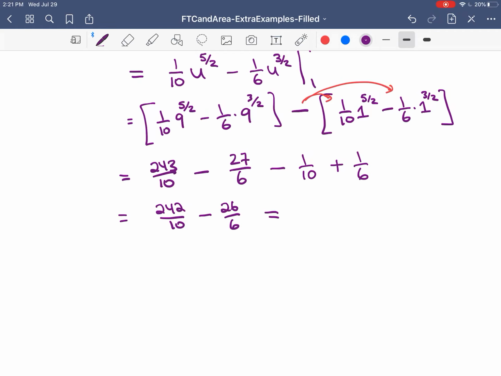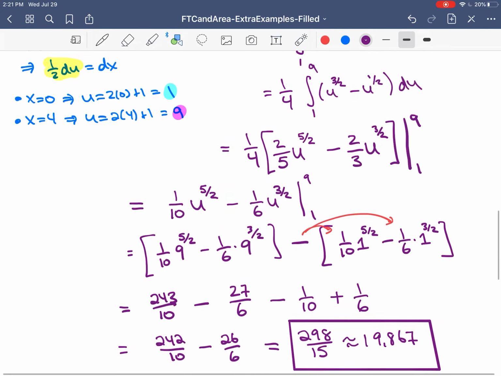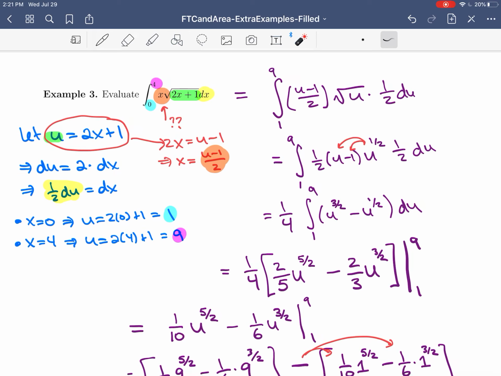If we compute that, we get 298 over 15, which is approximately 19.867. So that's what our definite integral would equal here. So that was a tough one just because we have this extra step of an extra x value here that we can use the u substitution to get rid of.